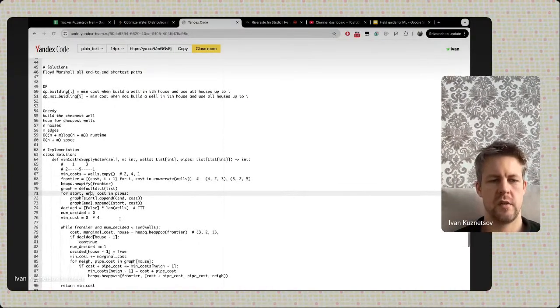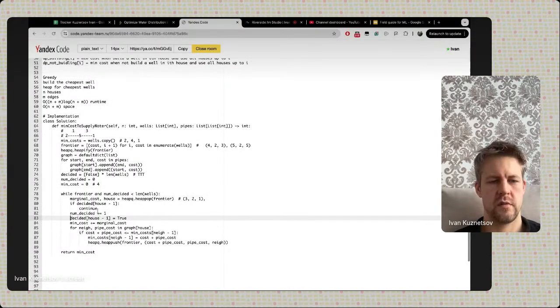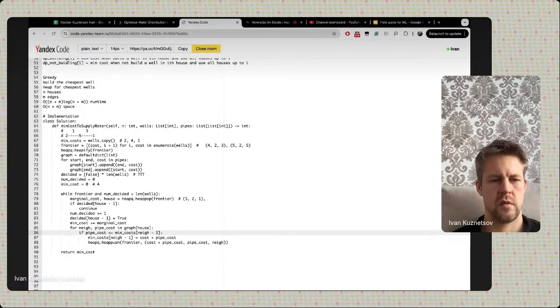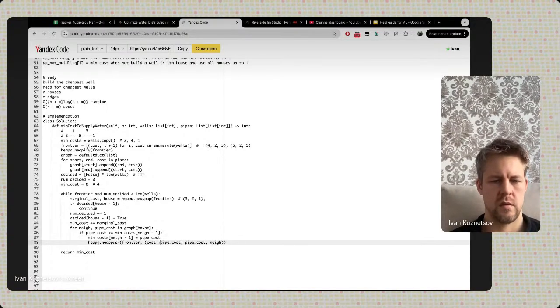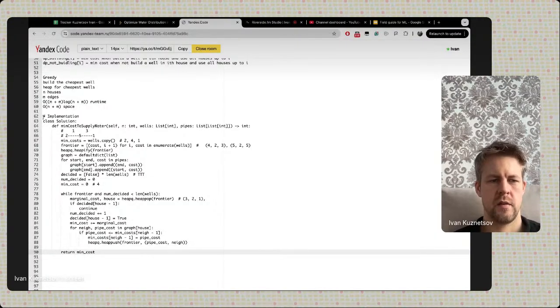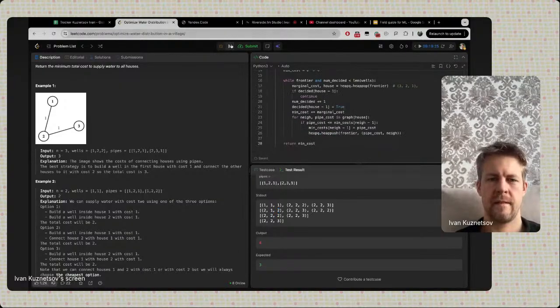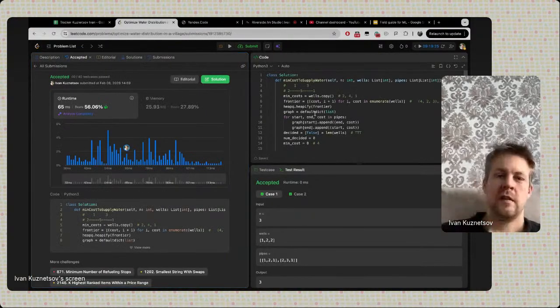It just works if I remove this. Okay. Wow.